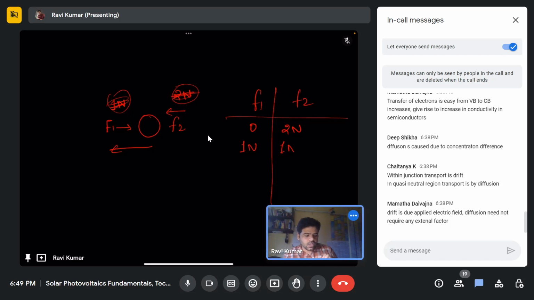Then tell me, if F1 increases to 10 Newton and F2 remains 1 Newton, then what will happen? So this will go in this direction at a faster rate. Characteristic, same thing.